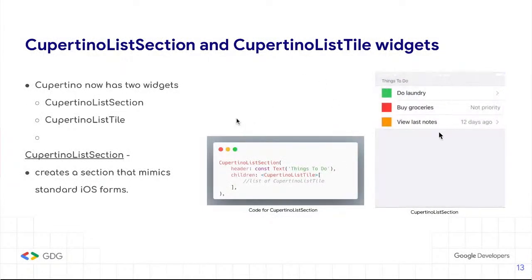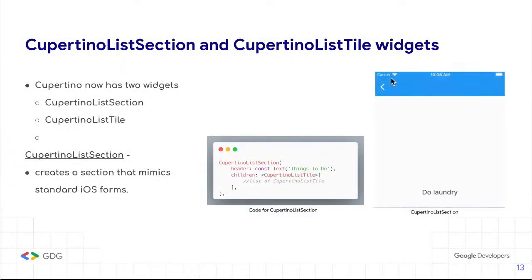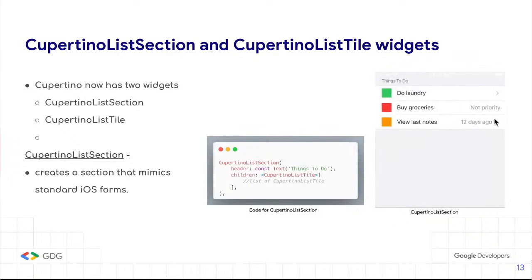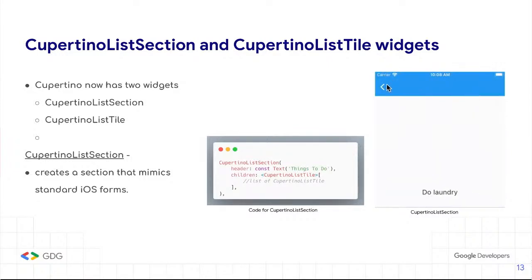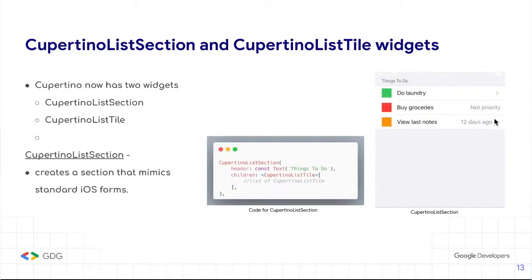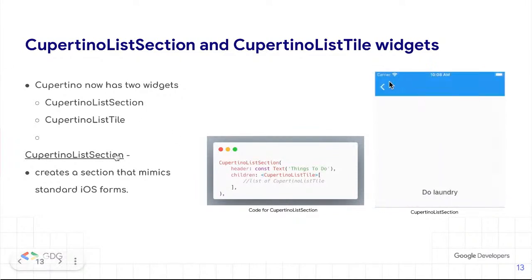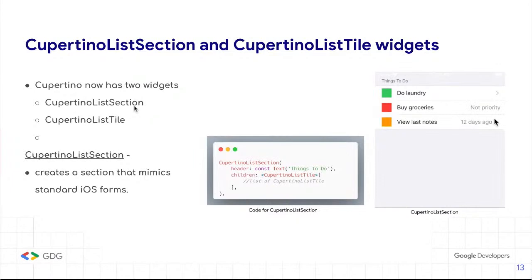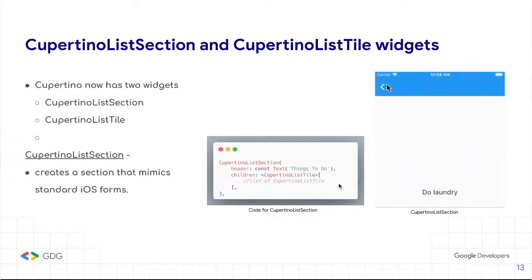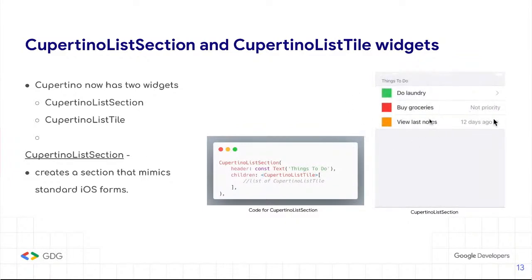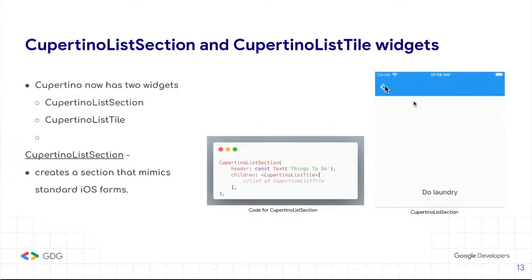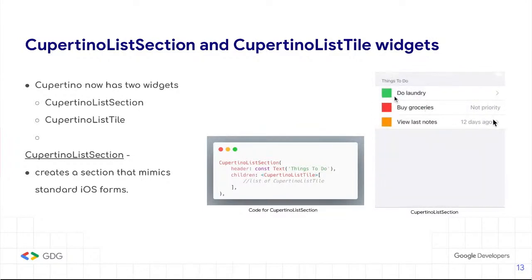Some other updates were the addition of the CupertinoListSection and CupertinoListTile widgets. So Cupertino will now have two additional widgets, the list section and the list tile widgets. The list section basically mimics the iOS forms or iOS lists that we have.